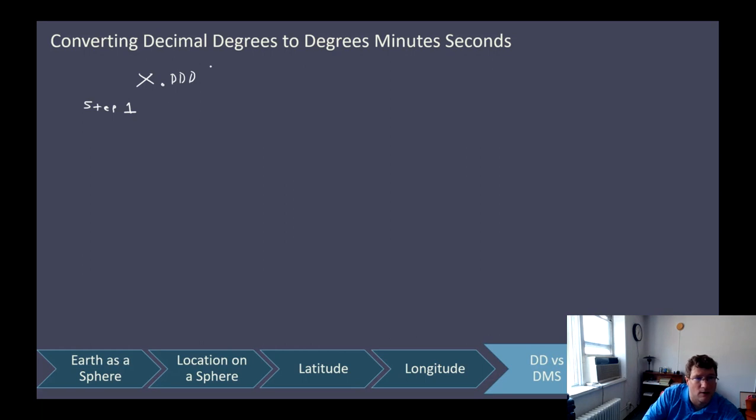Our goal is to go to degrees, minutes, seconds. Step 1: the degrees is just the whole number in DD.